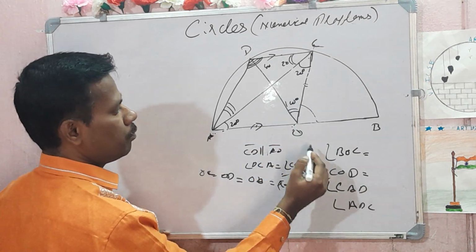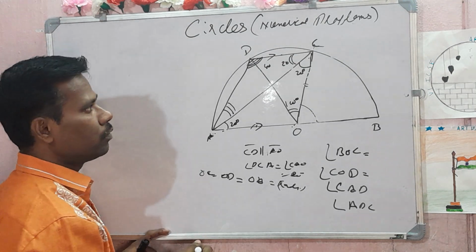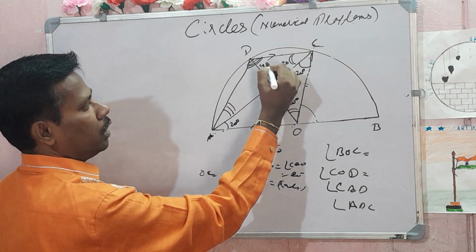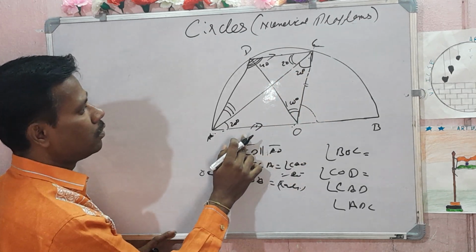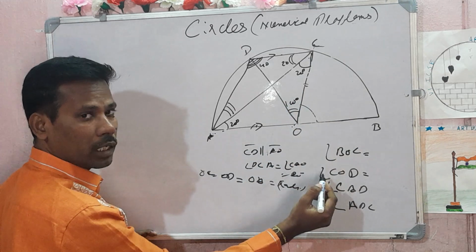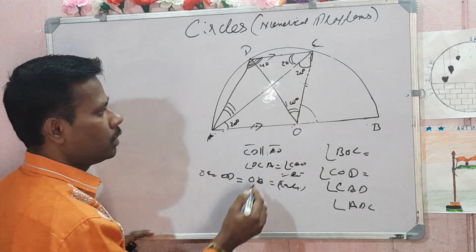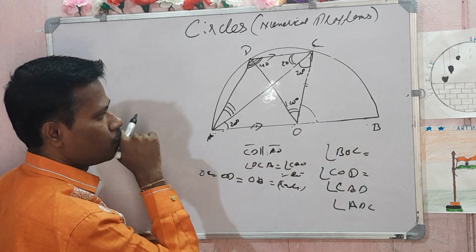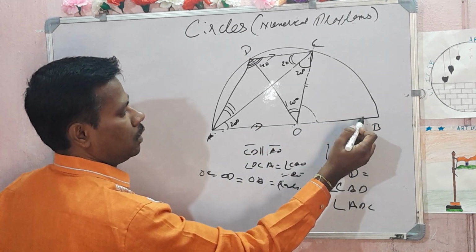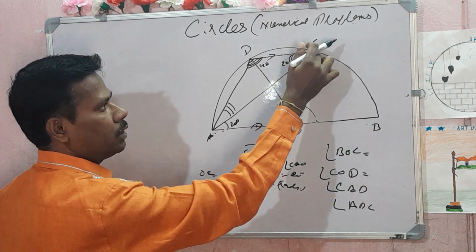So what they are asking, some conditions they are asking. Next, what else we can find? So this angle is 40, right? Next one. Let us see angle BOC. This we did not find. So here, you see this angle BOC and angle BAC.